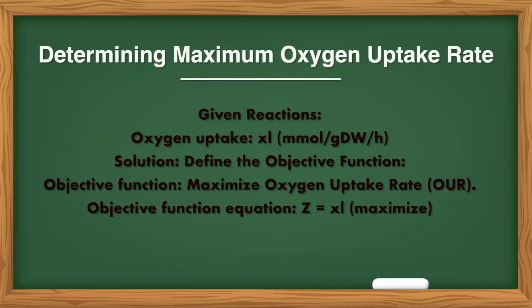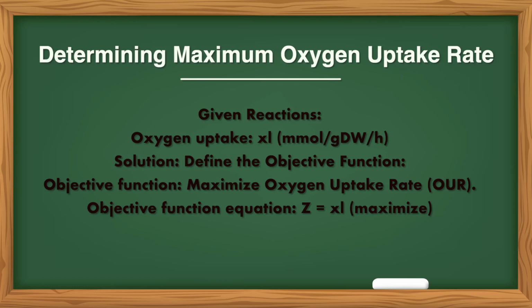Okay, so let us move to the third example. I have considered example number 3 as determining the maximum oxygen uptake rate. Now, you might have observed I am not including any organism, so it is regardless of which organism or which particular purpose you will be using it.